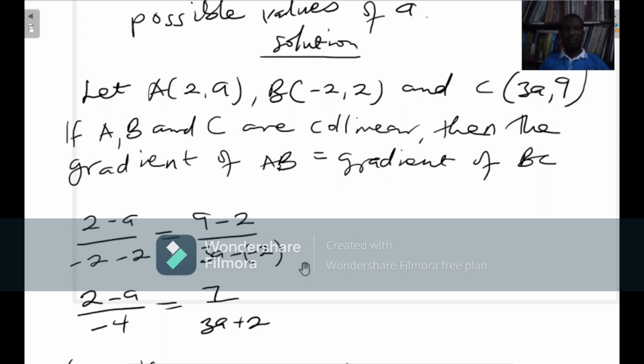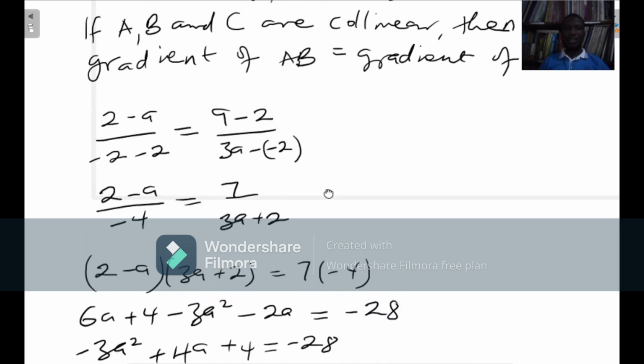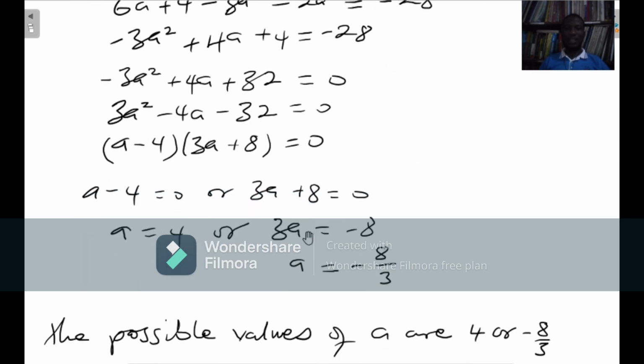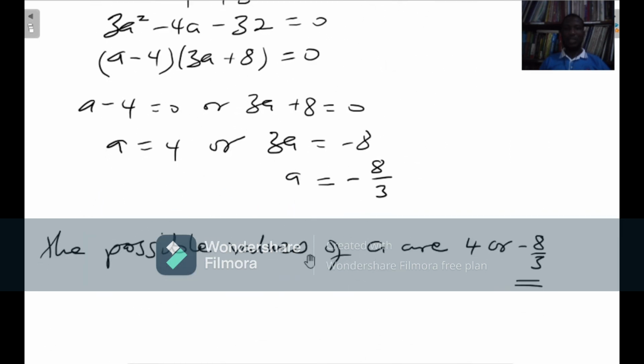And we solve by saying that because they said they are collinear, we are going to put 2 of them together at a time and find their gradient and equate the gradient. And after equating the gradient, we will be able to make the variable given the subject to find the missing number. And in this example, we found a to be either 4 or -8/3.